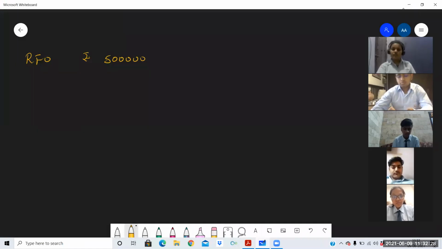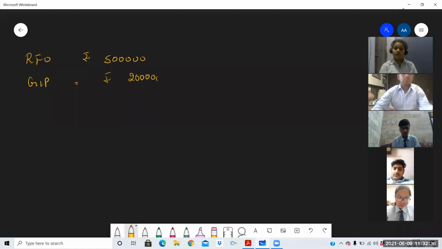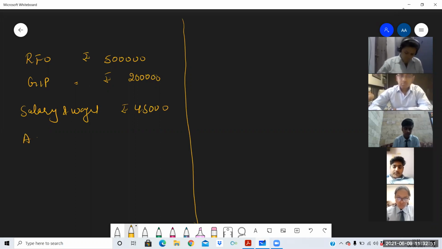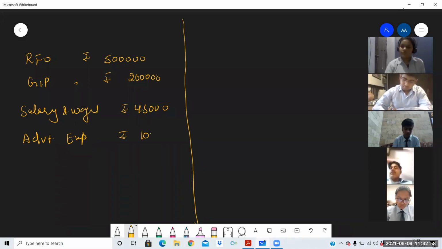So write down, RFO is rupees 5 lakh. Gross profit is equal to rupees 2 lakh. Salaries and wages, which is rupees 45,000. Advertisement expenses, which is rupees 10,000.